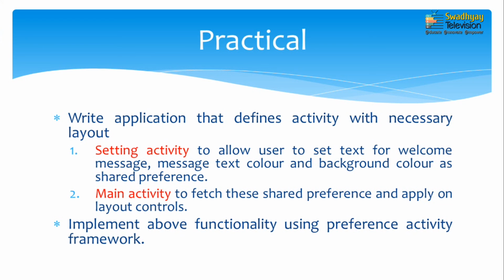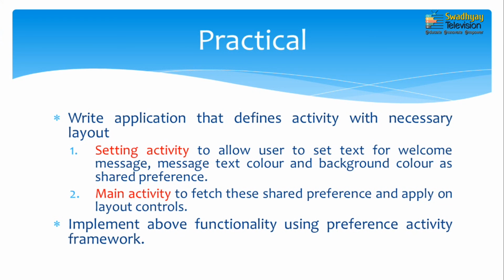But remember, in this case, we accept input from the user for all these preferences by defining one layout inside the setting activity, and inside the main activity we fetch these shared preferences and apply background color, text color, message etc. on layout controls. The setting activity is a different activity which accepts input from the user for preferences, and the main activity is where we actually apply these settings.